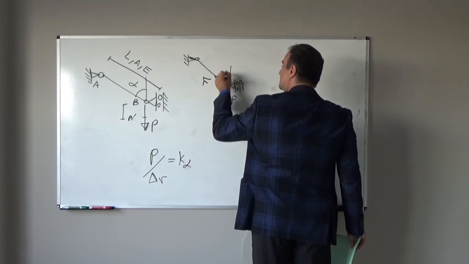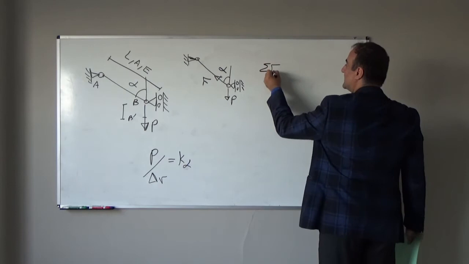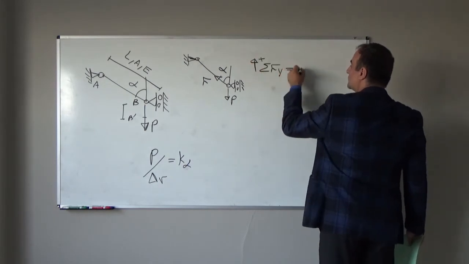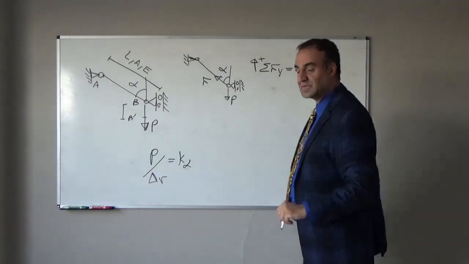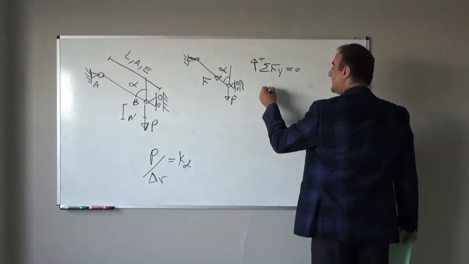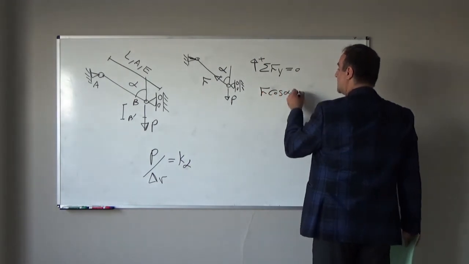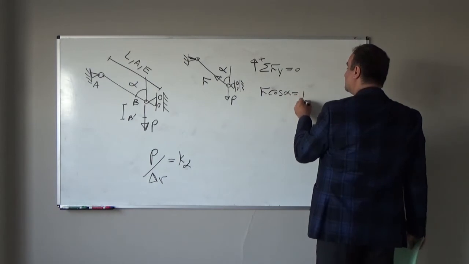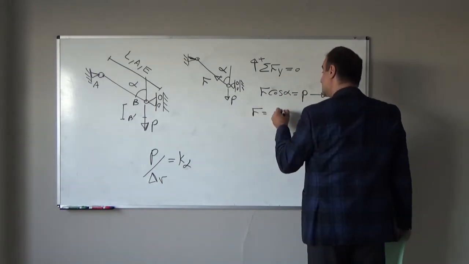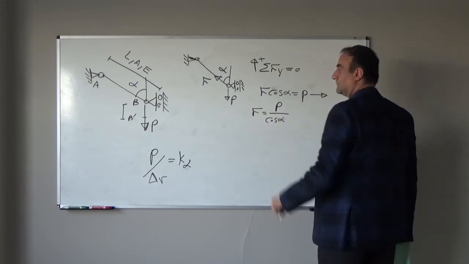F. If this angle is alpha, and I write the summation of forces in the vertical direction and put it equal to 0 for equilibrium, I will have F cosine alpha equal to P. From here, F will be equal to P divided by cosine alpha.